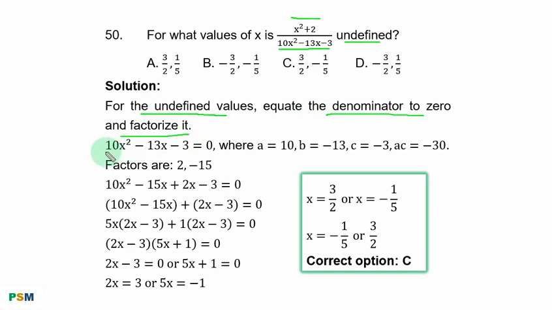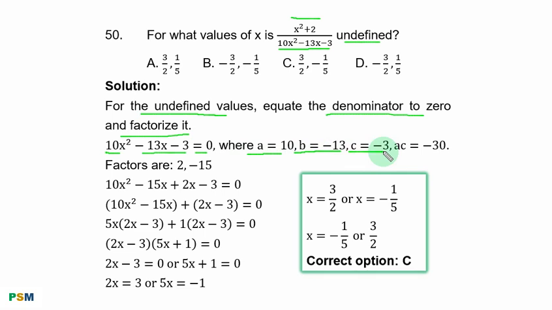So you equate 10s squared minus 13s minus 3 to 0. If you compare with the general quadratic equation of as squared plus bs plus c equal to 0, a is equal to 10, b is equal to minus 13, c is equal to minus 3.